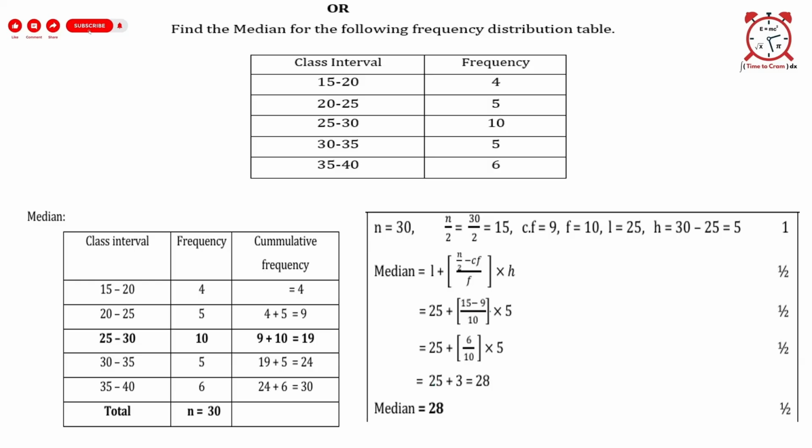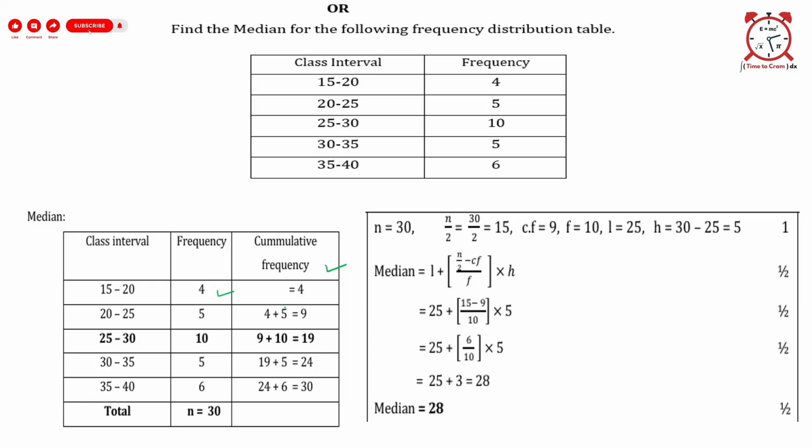So the internal option is there, and in this question we have to find the median for the following frequency distribution table. So we know that for the median we have to calculate the cumulative frequency, and this is the less than type of frequency distribution table. So we have to add the given frequency to the succeeding class frequency.